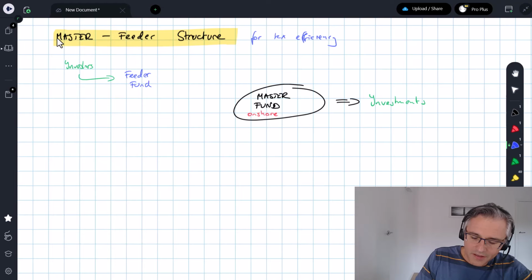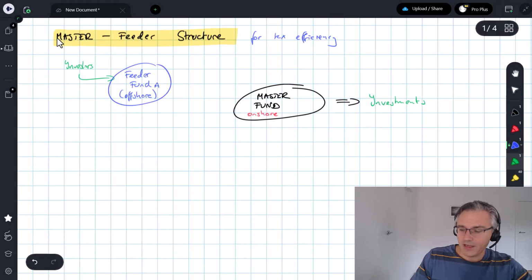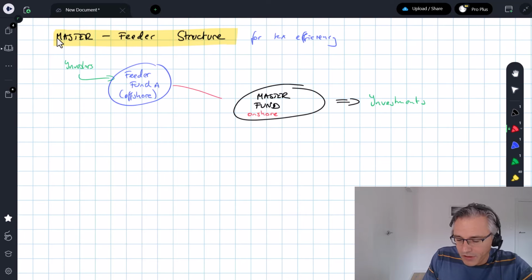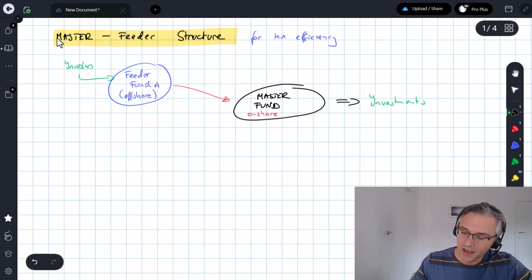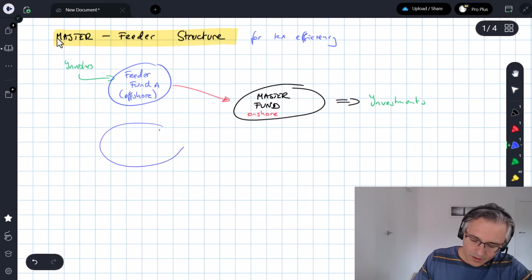Let's say this is feeder fund A, often registered in an offshore jurisdiction. The job of this fund is to accept money from investors and actually feed that money on to the master fund, which then goes and makes the actual investments. And typically, you'll set up not one, but at least two of these feeder funds.